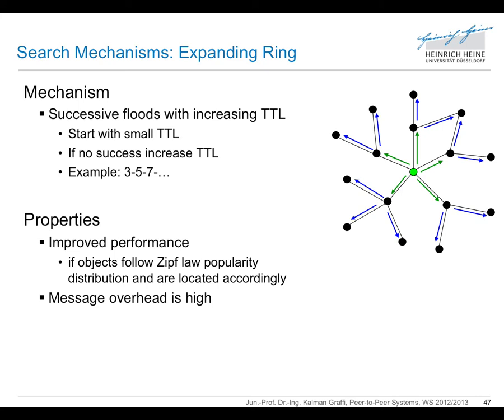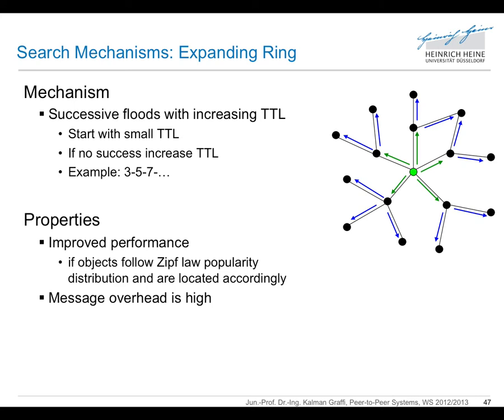The drawback is that when you increase it, you still flood the same nodes that you flooded before. In the worst case, if you increase from 5 to 7, you still flood through all hops in the hop range of 5 that you already did before, and you know you won't find it, and only then can you go to hop count range 6 and 7. So it involves more costs, so why should it be better?